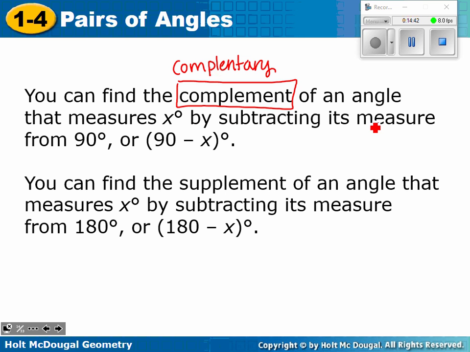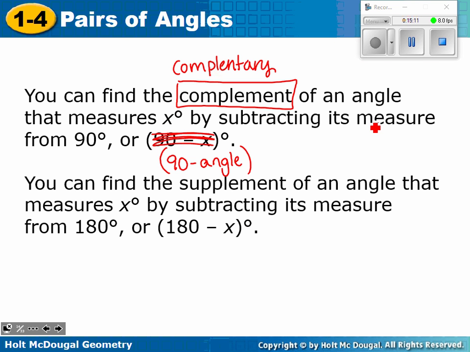So the better definition is the complement of something is going to be 90 minus the angle, because using the variable x might confuse you on the homework. So 90 minus the angle. So once again, if I have a 25-degree angle, what is its complement? Very good, 65. 90 minus 25.